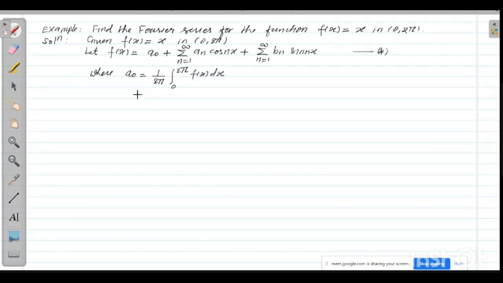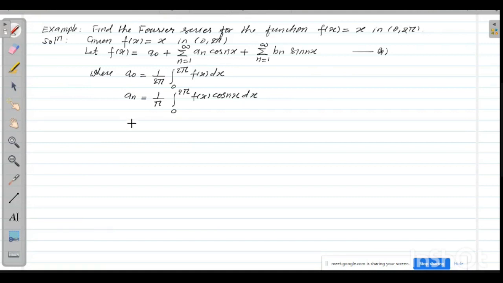And a n is 1 upon pi integration of limit 0 to 2 pi f of x cos n x dx.